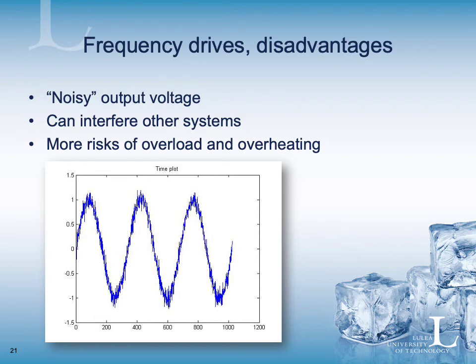And you also can get a higher risk of overloading and overheating, because normally the cooling fan of a motor is mounted on the shaft, which means that if you control it with the frequency drive so you have a low rotational speed, you also have a low fan speed and less cooling effect, and still you can have a high power in the motor. So that could lead to a risk of overheating.